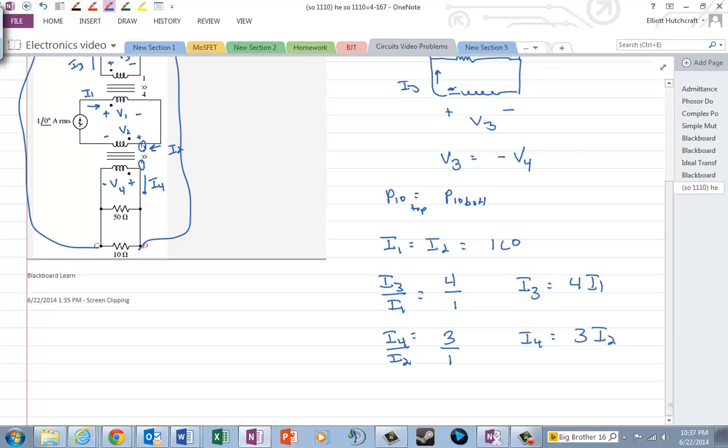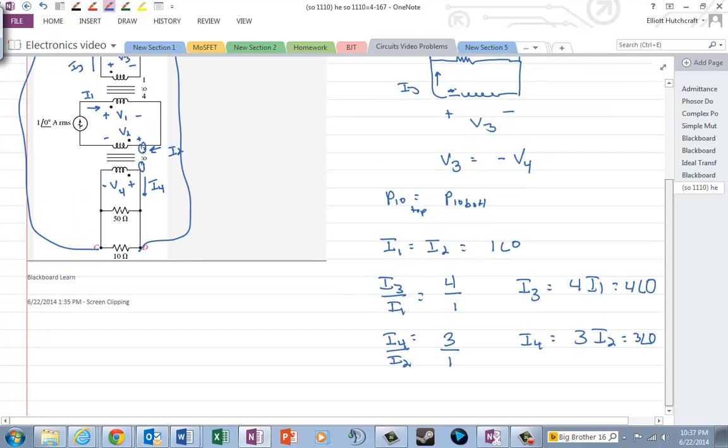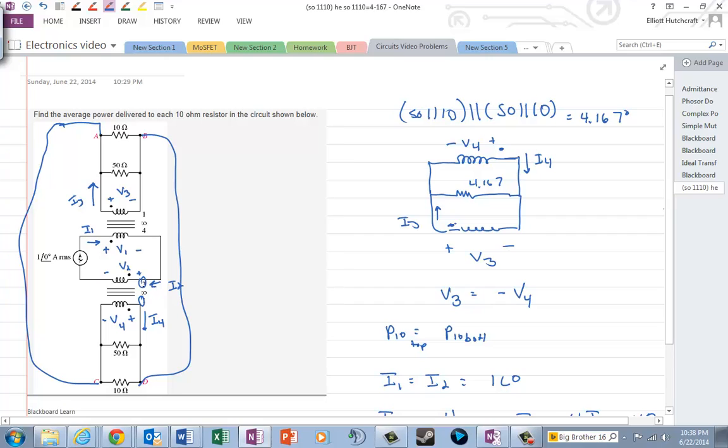Well, I1 and I2 are both 1 angle 0, so this is going to give us 4 angle 0, and this is going to give us 3 angle 0. Alright, so our next calculation is trying to find V4 and or V3. We do indeed know they're the same, right? Because they're in parallel. And what are they? Well, I have this equation right here. Notice if I4 is going that way, down on the right side, it's going, oops, excuse me, drew that poorly, it's going up on the left side.